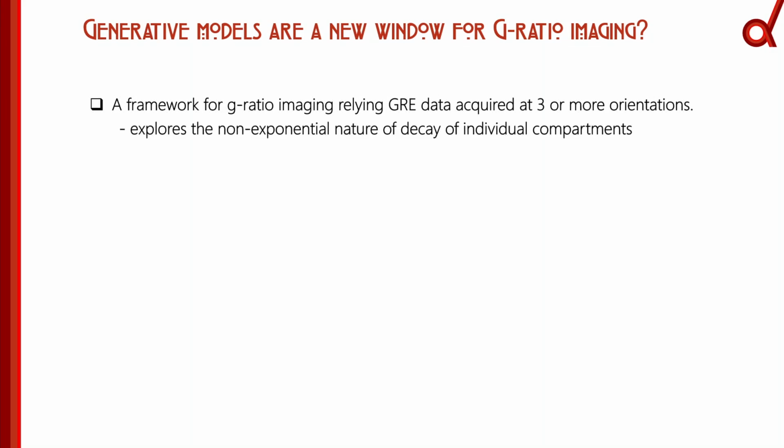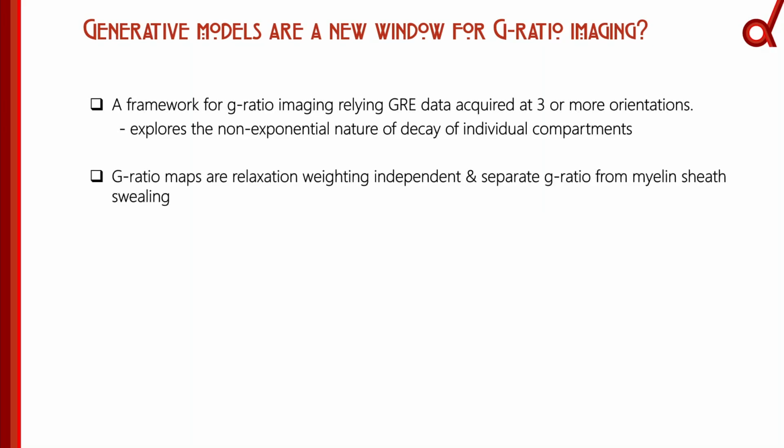That's one positive thing, and it really exploits the non-exponential nature of the decay of the individual compartments: the intra-axonal, the myelin water, and the extra-axonal compartment. In that sense, it's quite an elegant framework. It allows us to get G ratio maps without the relaxation weighting dependence that Jennifer was mentioning earlier. And it separates the G ratio from myelin sheath swelling, which is an important aspect in diseases like MS.